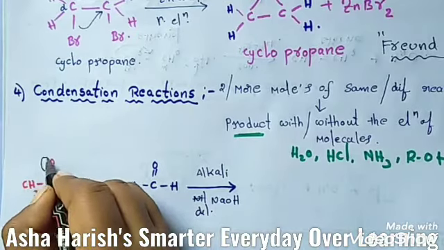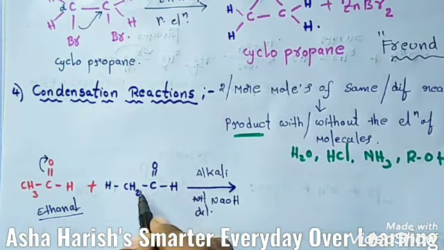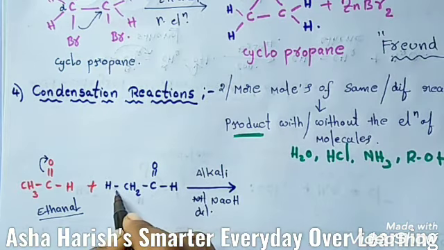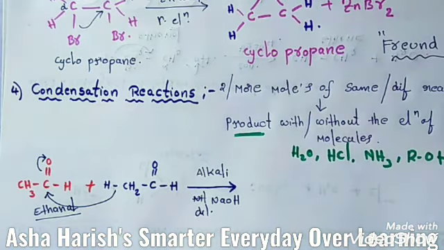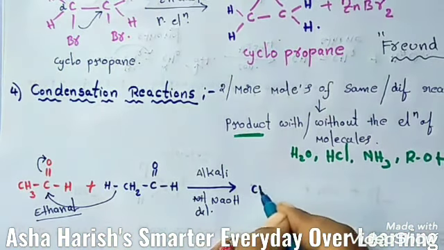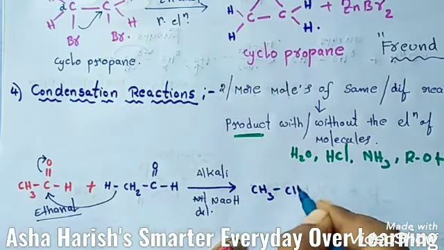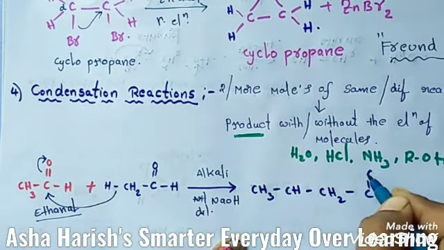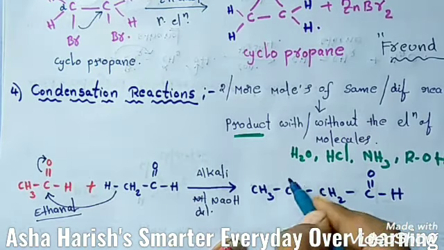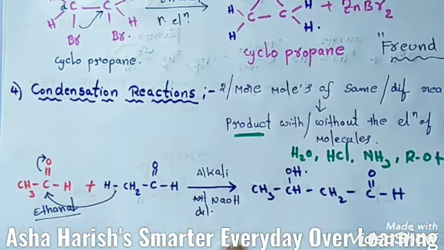Here are the changes, just like this, from this single bond towards this carbon. Here is the product, CH3CH(OH)CH2C(=O)H.